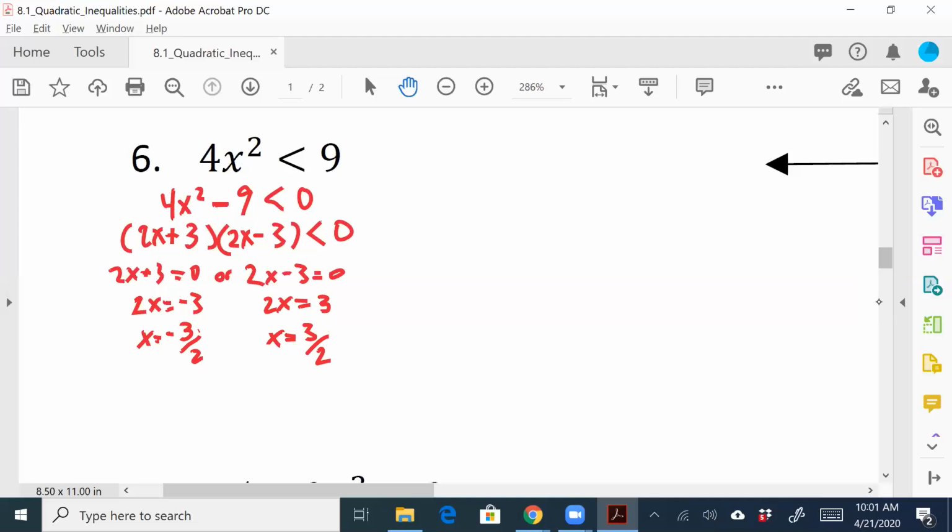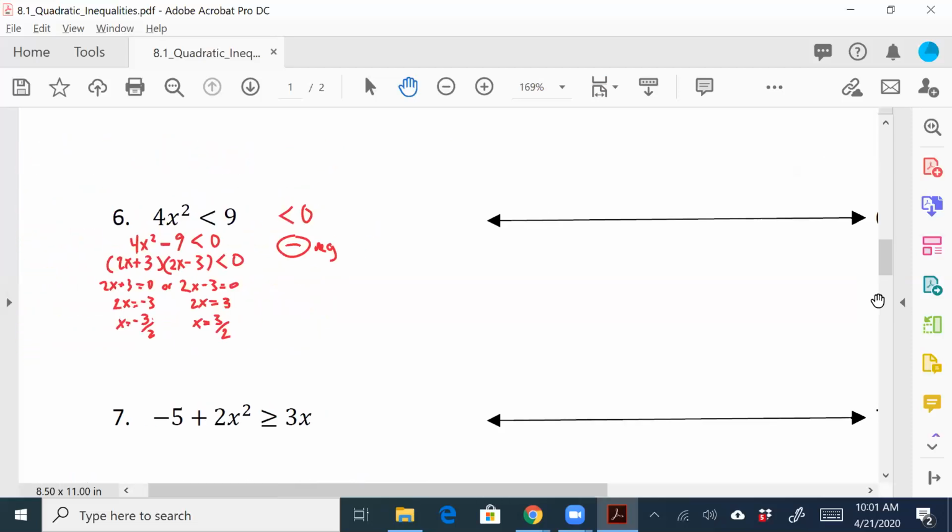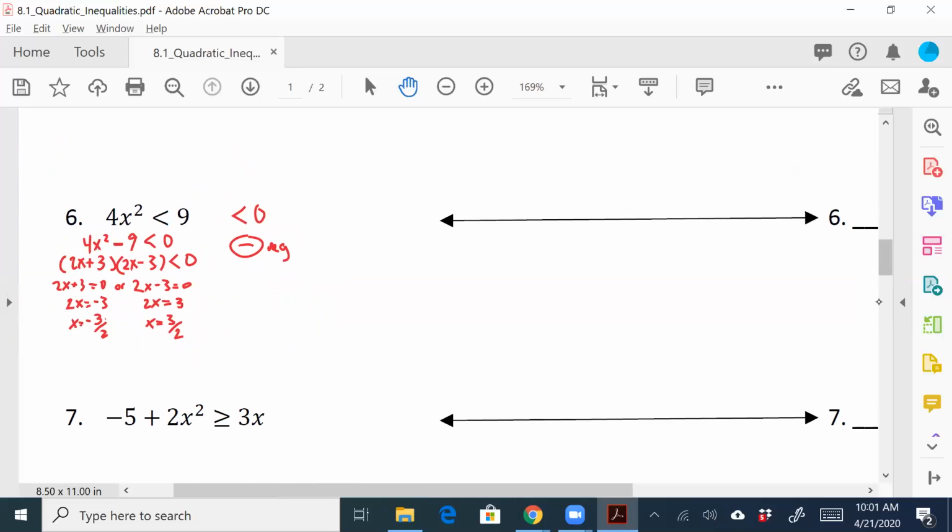Again, just making note here that less than 0 would mean that this is negative. And so we come over here to our number line. Three halves is 1.5, so it's between 1 and 2, and -3 halves would be between -1 and -2. So I'm going to graph those.